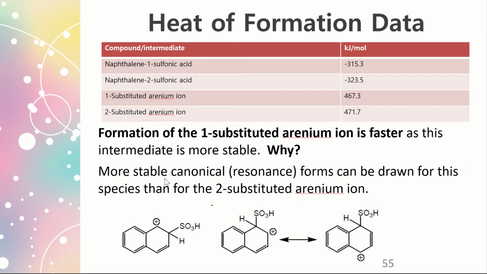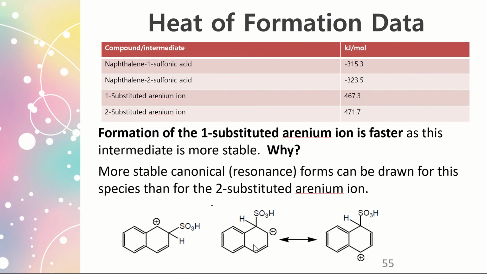Why? Because more stable canonical or resonance forms can be drawn for this species than for the 2 substituted areneum ion. So notice here that, yes, we have 1 and 2 areneum ions here, right?